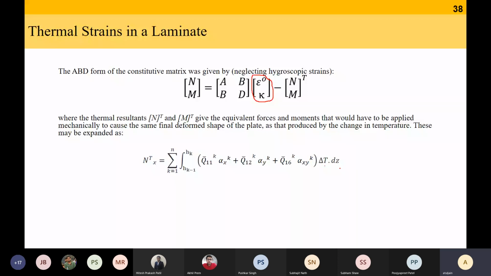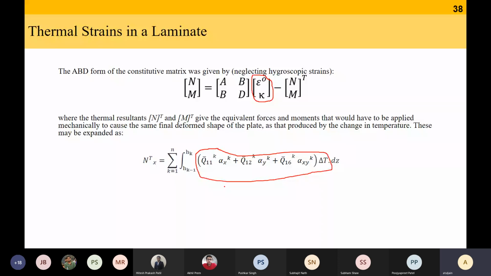This is coming directly from our expression of how we have calculated thermal stresses. So basically I am integrating thermal stresses dz to get N T. This expression is for my thermal stress, which we studied I think a few weeks ago.